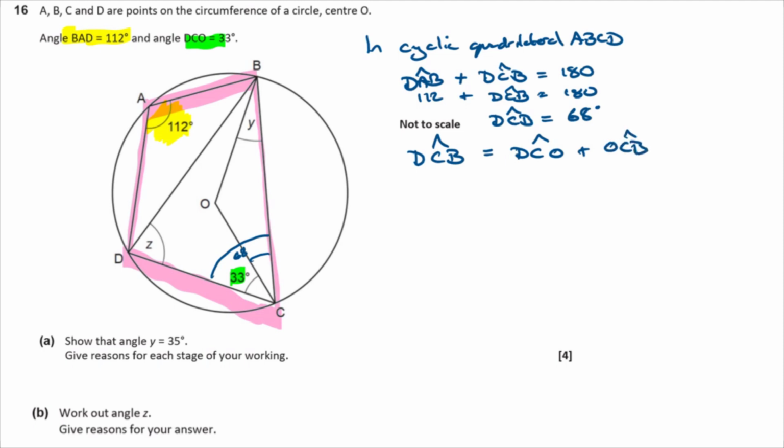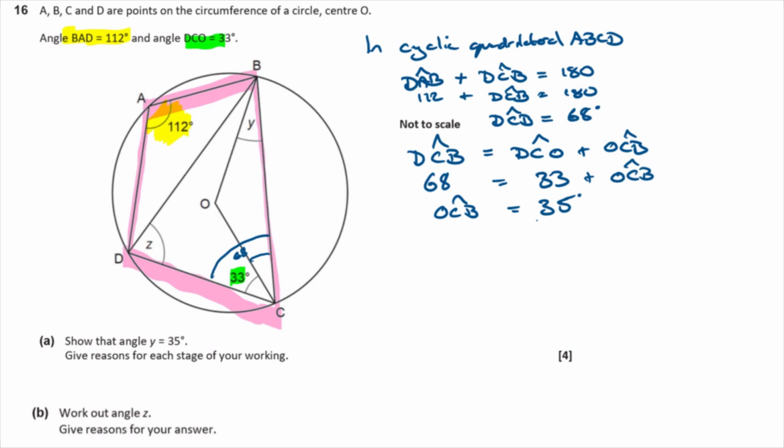So 68 is equal to DCO, which we already know is 33, plus our angle OCB. That means OCB must be 68 minus 33, which is 35 degrees.